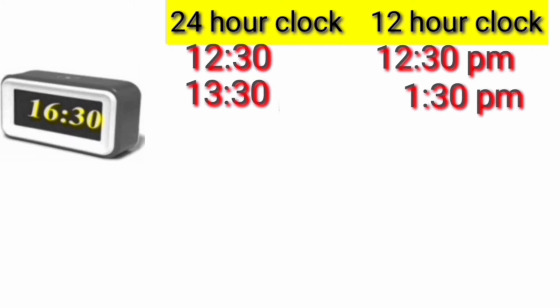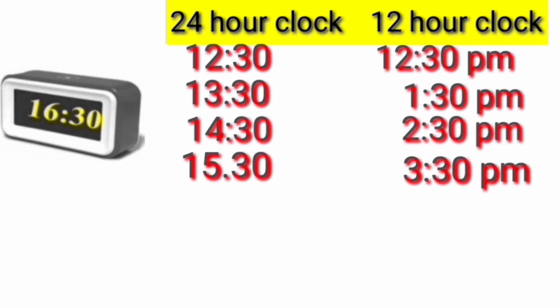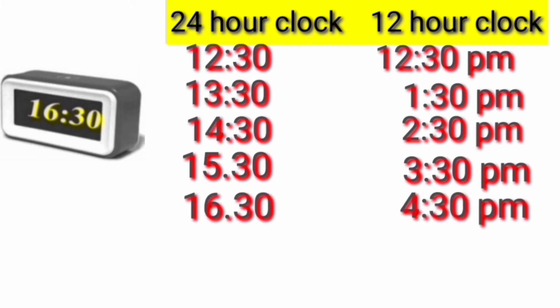On adding 1 to each side, we get 13:30 and 1:30 p.m. Again adding 1 hour, we get 14:30 and 2:30 p.m. Again adding 1 hour to both sides, in 24-hour clock we get 15:30 and in 12-hour clock we get 3:30 p.m. Again adding 1 hour to each side, in 24-hour clock we get 16 hours 30 minutes.